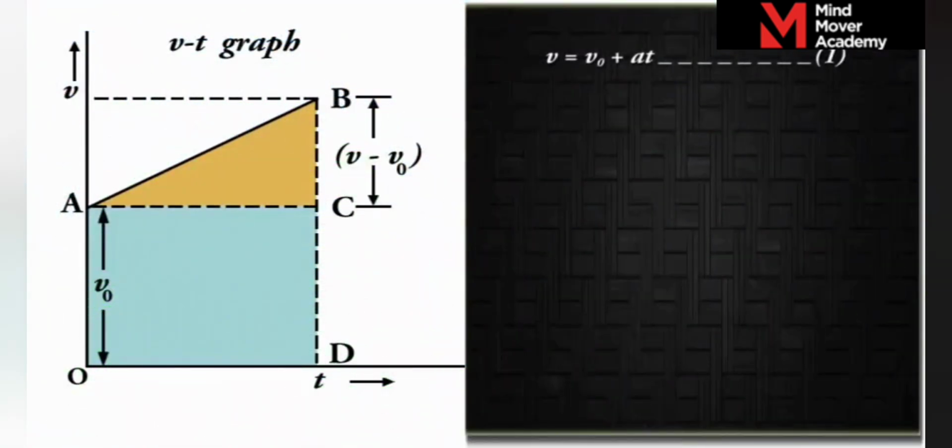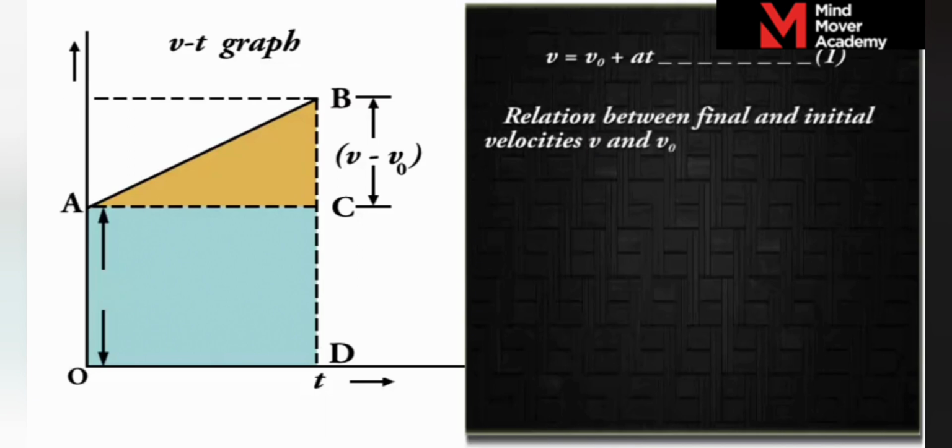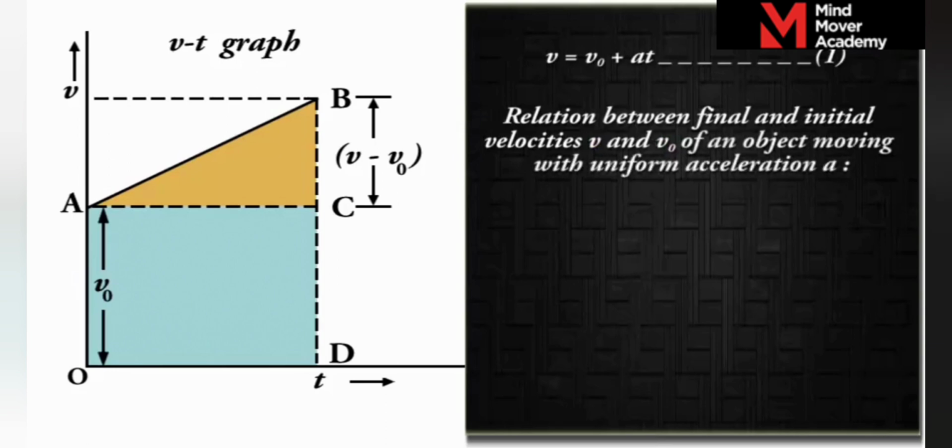Equation v = v₀ + at gives a relation between final and initial velocities v and v₀ of an object moving with uniform acceleration a. This relation is graphically represented as shown here.